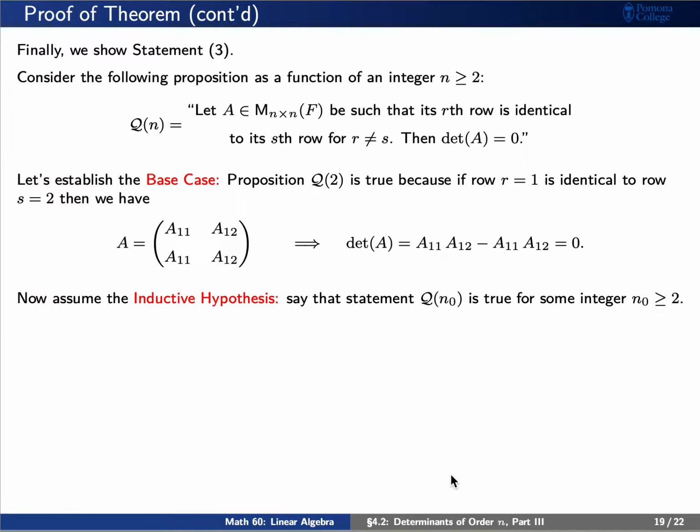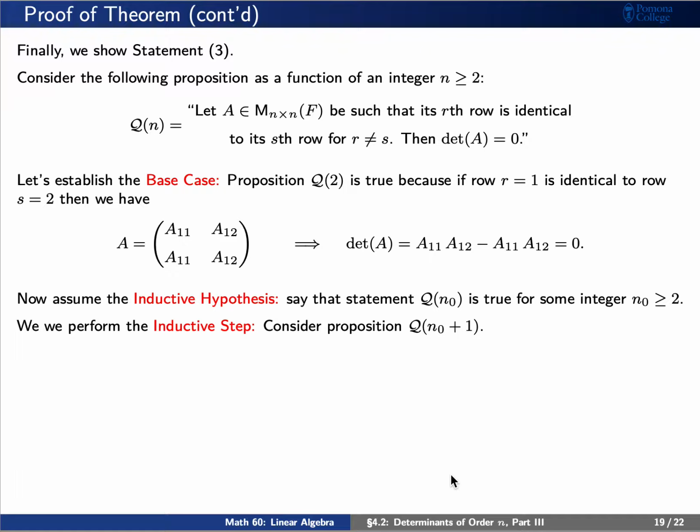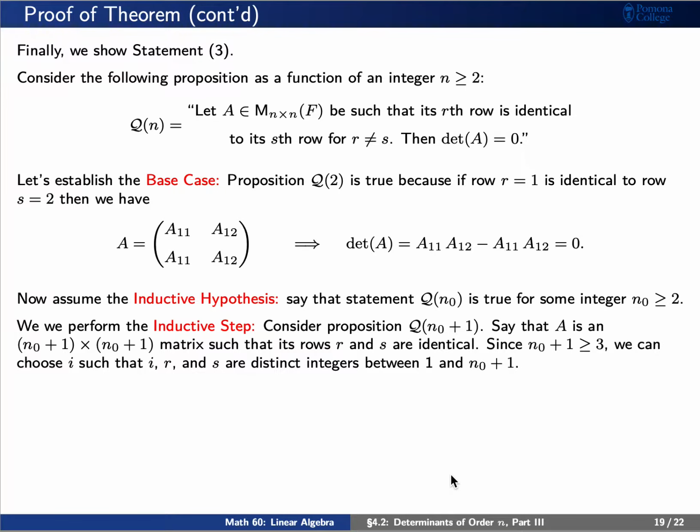Let's assume now that our statement is true for some n0. We can now consider the inductive step. Say that we have an (n0 plus 1) by (n0 plus 1) matrix such that rows r and s are identical. Well, since n0 plus 1 is greater than or equal to 3, we can choose i, r, and s all distinct integers between 1 and n0 plus 1.